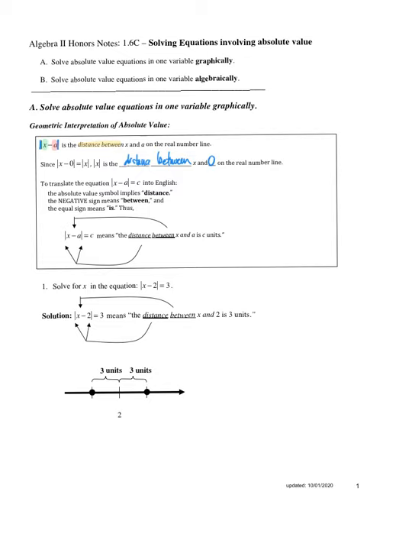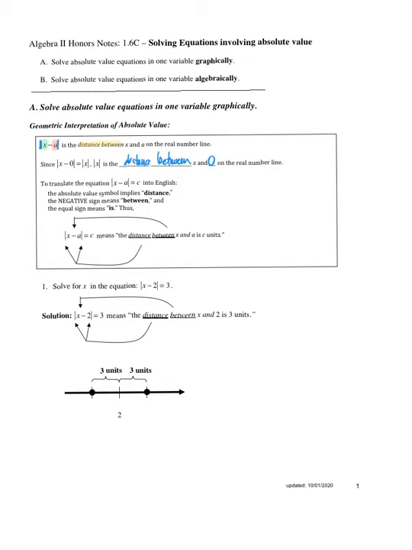It's the result of looking at the distance, and distance has to be positive. So again, the absolute value of x minus a equaling c is literally read as the distance between x and a is c units. So let's take a look at an example.